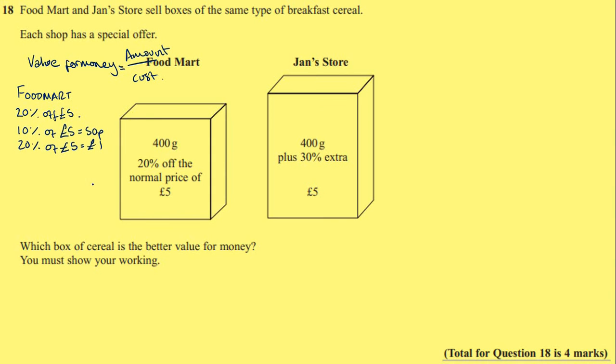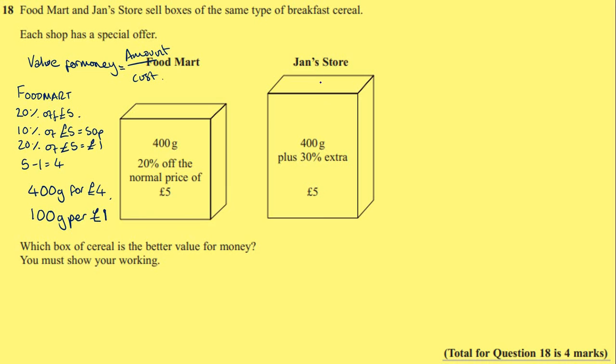So if we're taking 20% off, 5 take away 1 is 4. So we're actually getting 400 grams for £4. Okay, which is 100 grams per £1. That might be handy to know in a minute.